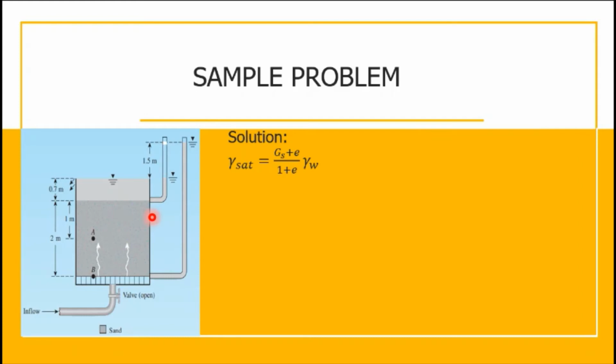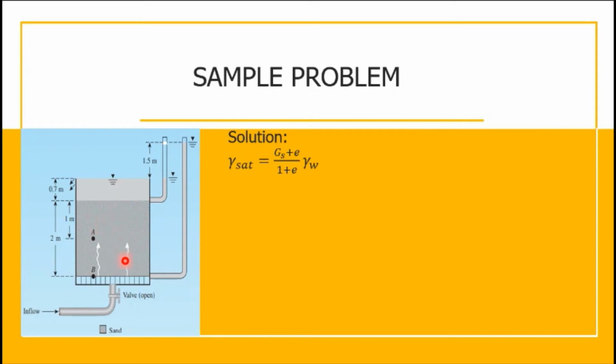So in order for us to get the neutral stress, the effective stress, and the total stress, we need to first know the unit weight of this soil, because the given are only void ratio and specific gravity. And we know that in order for us to solve the total stress, the neutral stress, and the effective stress, we should consider the unit weight.